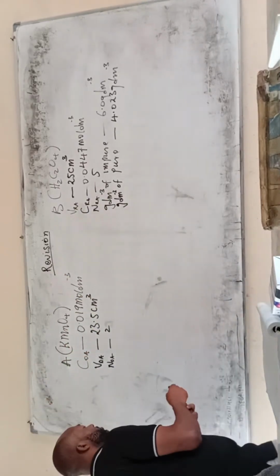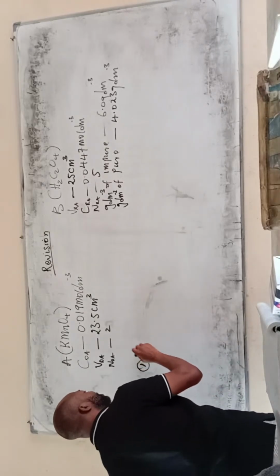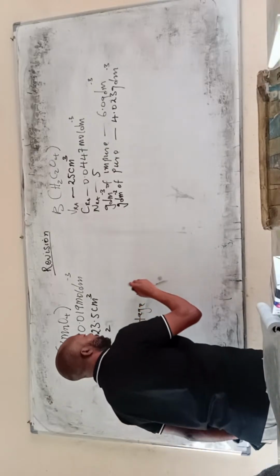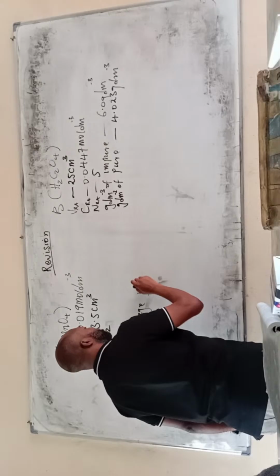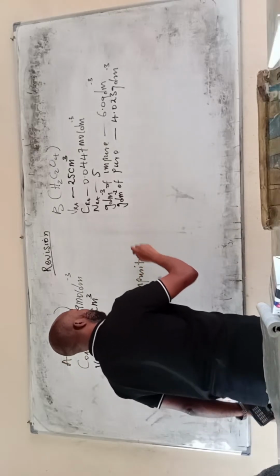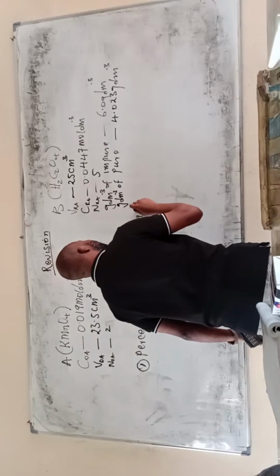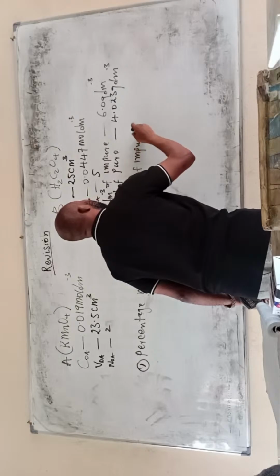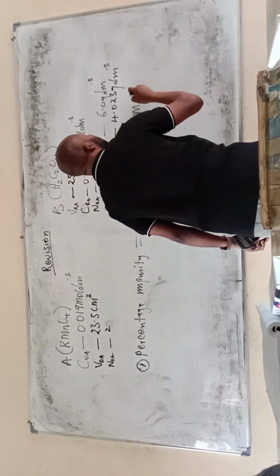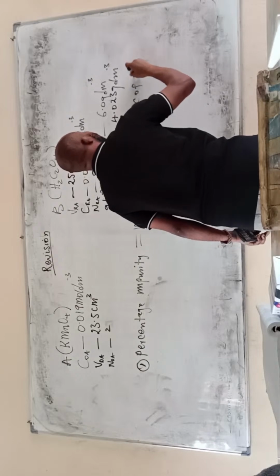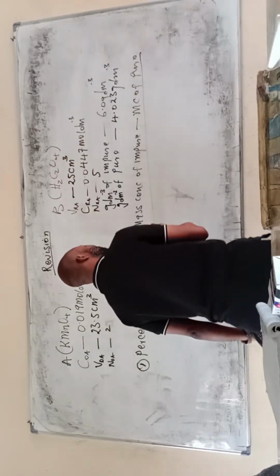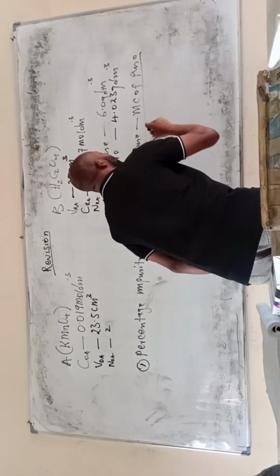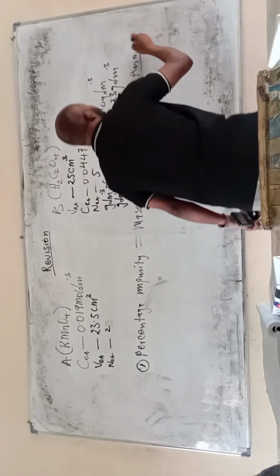Now, solving the problem, finally, percentage impurity is equals to mass concentration of impure minus mass concentration of pure over mass concentration of impure times 100.